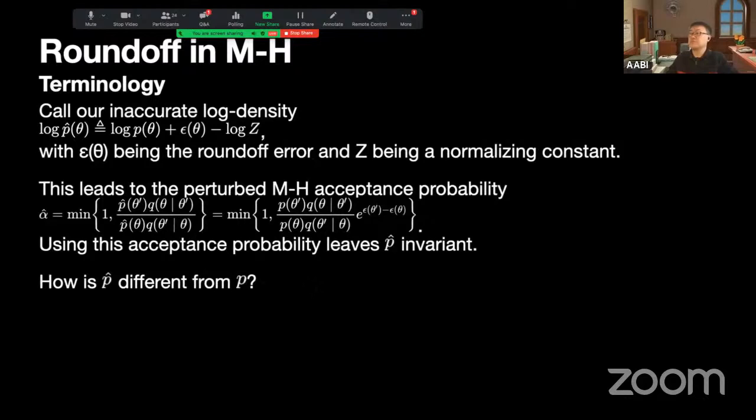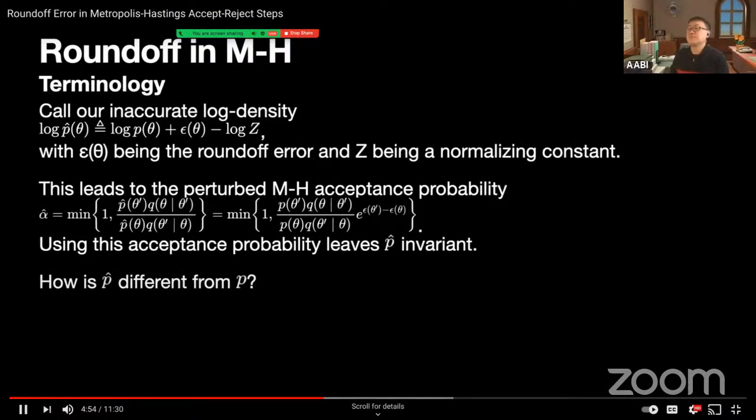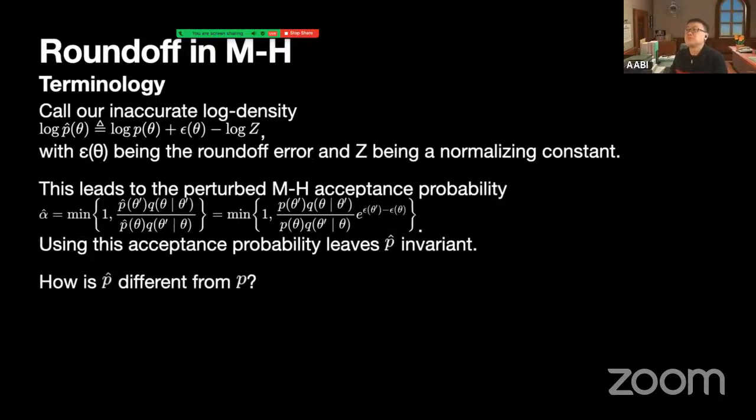Now let's talk about roundoff in Metropolis-Hastings algorithms. Just a little terminology first. We'll call the inaccurate rounded off log density that we wind up computing log p hat of theta, which is just the true log density log p of theta plus an error epsilon of theta, minus a log normalizer that makes it so that p hat is actually a properly normalized distribution.